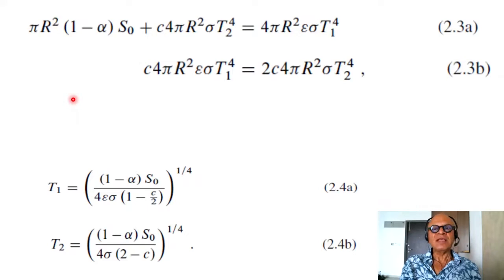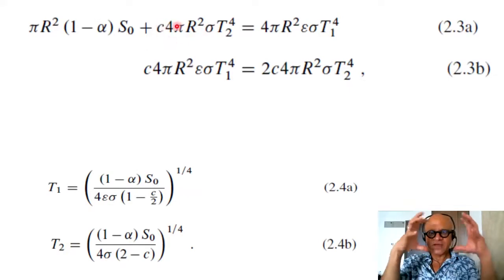So again, parameterizing everything together and writing the energy balance with part of the planet covered in cloud cover C, we have the energy being intercepted from the sun of pi r squared (1 minus alpha) S0 as before, plus the surface is also receiving energy from the cloudy part of the atmosphere, because clouds are assumed to be black body and they are covering a fraction c of the 4 pi r squared of the sphere.